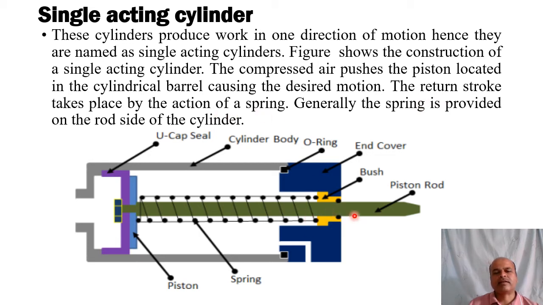That is, the piston goes to the home position by using a spring, and this spring is generally provided on the rod side of the cylinder. So this is a spring. This is a piston, this is a spring, U-cup seal, cylinder body as shown in this diagram, O-ring, end cover, then bush, then piston rod.